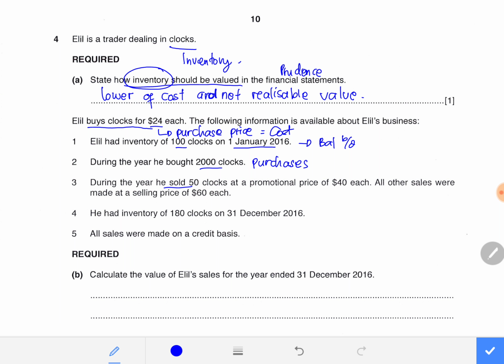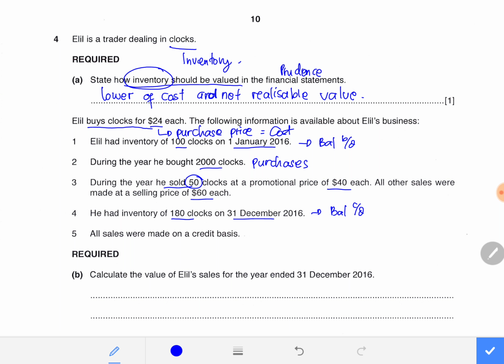During the year, he sold 50 at the promotional price of $40 each. All the other sales were made at the selling price of 60 each. He had inventory of 180 clocks on 31st of December.